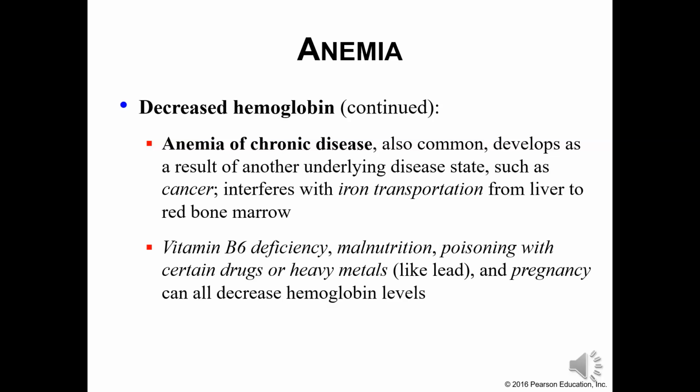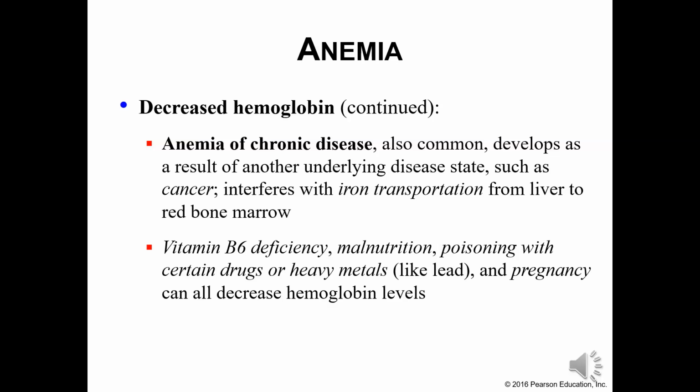And then you have anemia of chronic disease. That's also a common condition, and it basically develops generally as a result of another underlying etiology like cancer. It interferes with the transportation of iron from the liver to the red bone marrow.